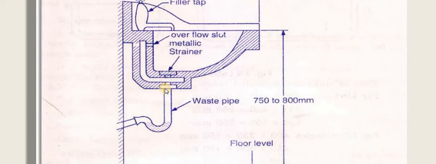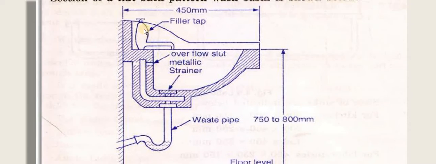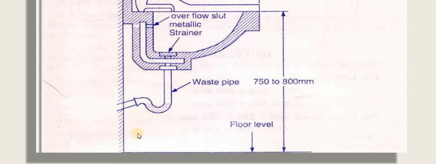This is the strainer, the overflow slot, the metallic strainer. This is the tap, and this is the working area where we can wash the hands. The strainer is generally provided so that coarse material does not pass into the pipe. And this is the water seal.